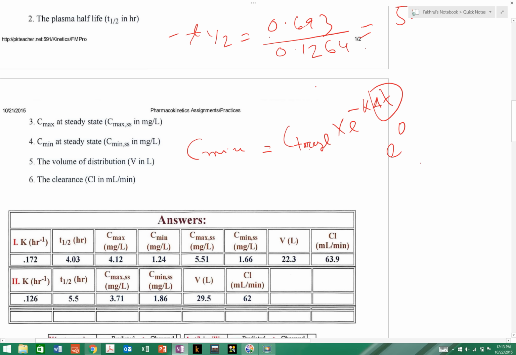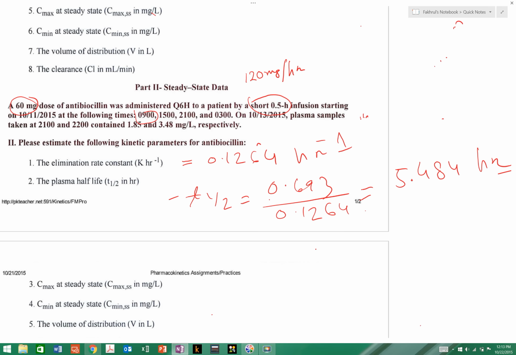So you always have to do the calculation. Don't assume, okay, I know this is 30 minutes, this is 0. You always have to look carefully, because this is a tricky one.